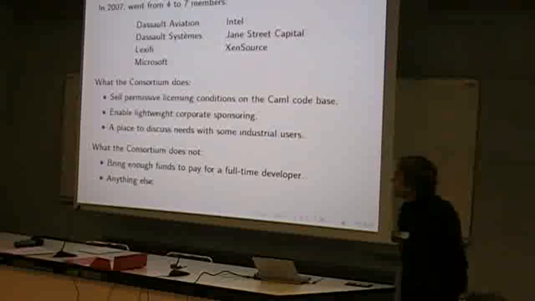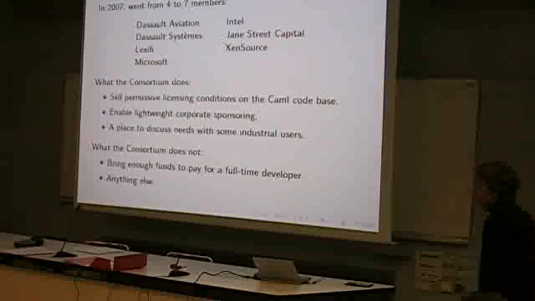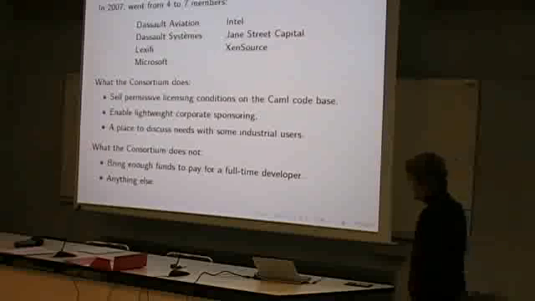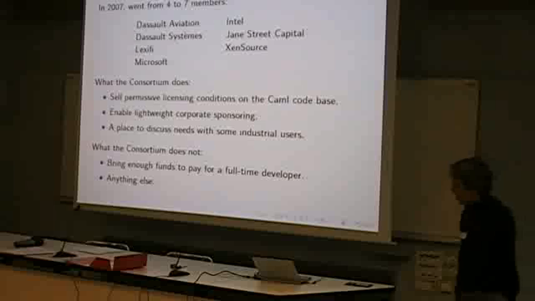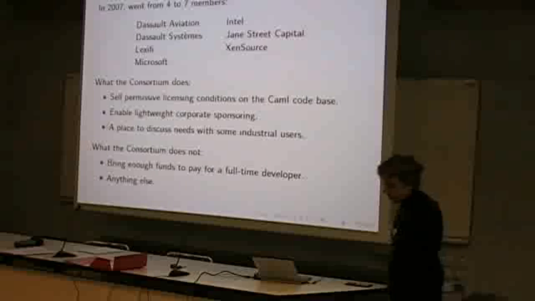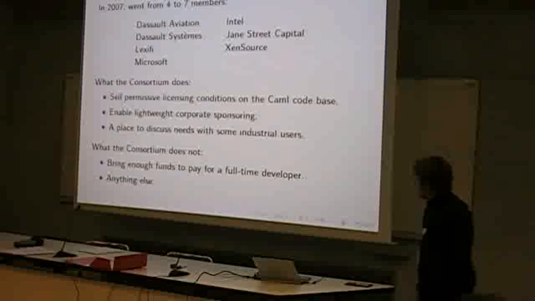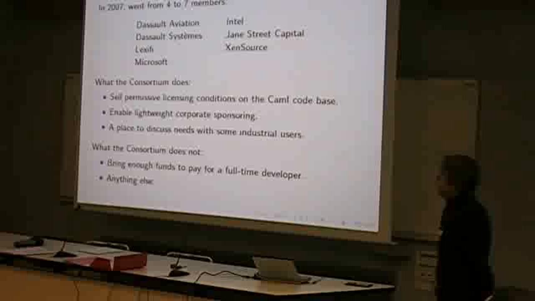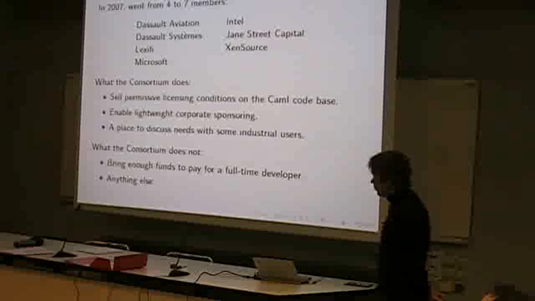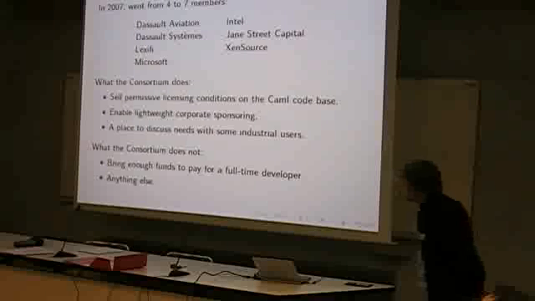And just as a reminder, the main job of the consortium is to sell permissive licensing conditions, MIT-like, on the whole Caml code base, especially for customers who want to include it in a commercial offering. For other members, it's just a way to do sponsoring, a fairly lightweight procedure for sponsoring.